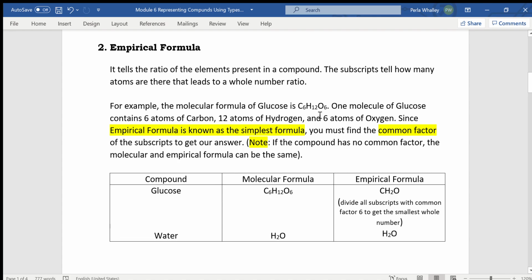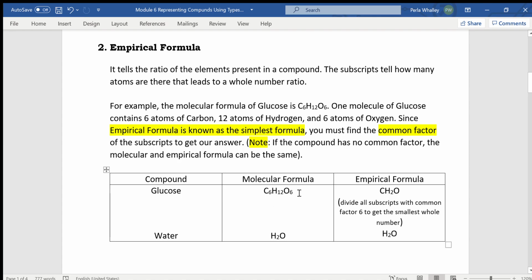One molecule of glucose contains 6 atoms of carbon, 12 atoms of hydrogen, and 6 atoms of oxygen. Since the empirical formula is known as the simplest formula, you must find the common factor of the subscripts to get our answer.